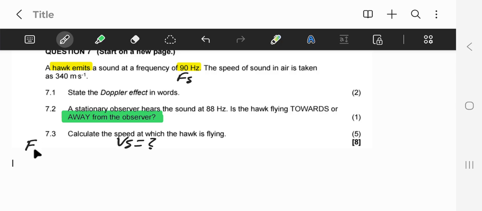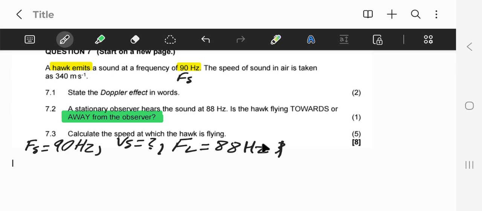We know that the frequency of the source is equal to 90 hertz, and the velocity of the source, or speed of the source, is what we want. We know that the frequency of the listener is going to be equal to 88 hertz, and we also know that this observer is stationary, and that means their velocity is going to be 0 meters per second.